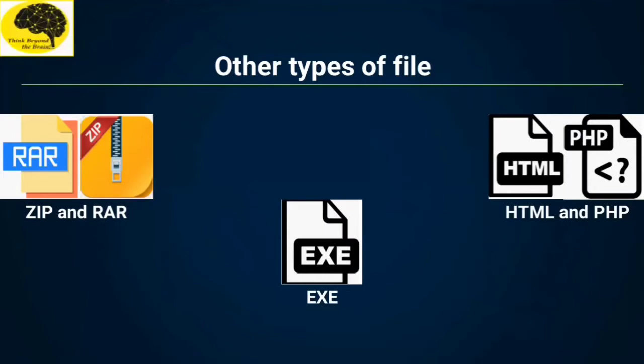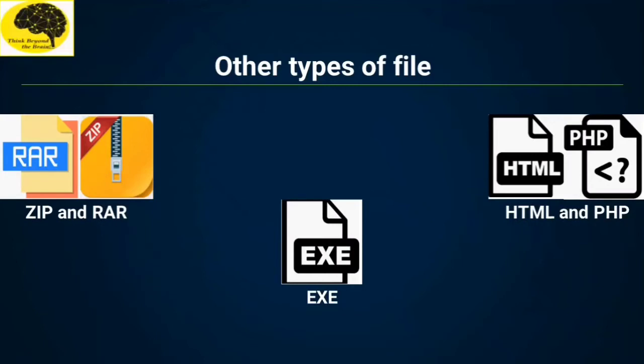Now zip and rar are used for collapsing the file. Zip is used for collapsing the file into a small unit. If this file is something like 1 GB, it has a lot of data. If I don't have that much space, I will collapse that file into a zip.